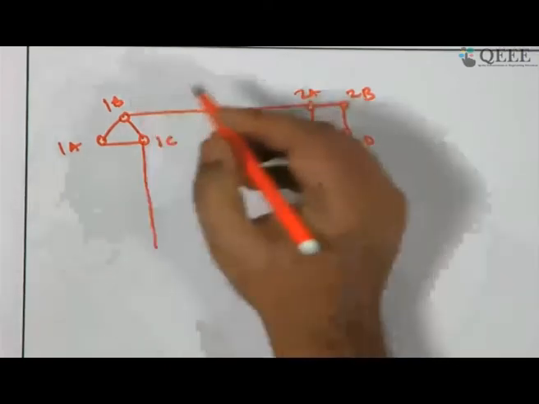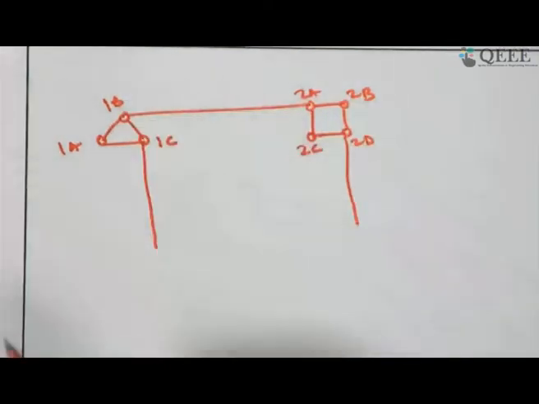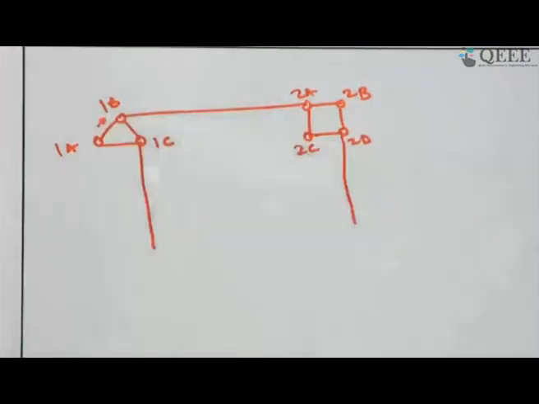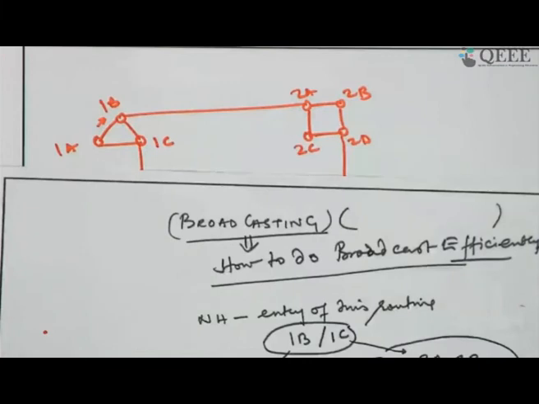Okay. So now what will happen? Now all the nodes to which broadcast has to be done are telling what? You go through 1B. So all the nodes through which broadcast has to be done are telling that you have to go through 1B.